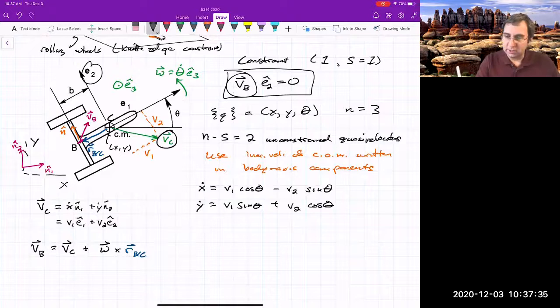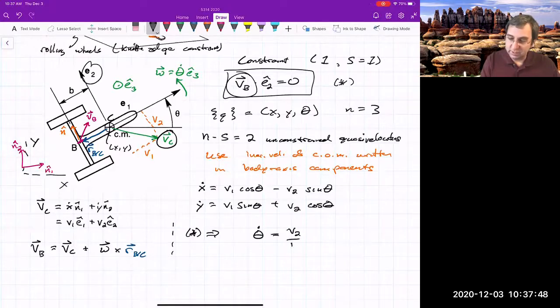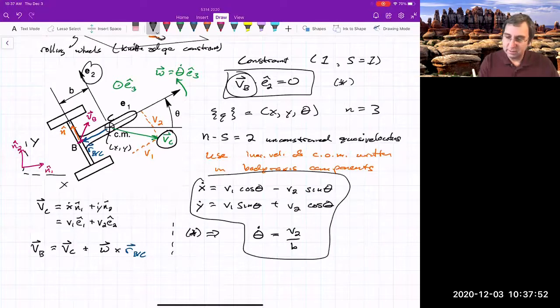If you work out this constraint, it says that theta dot equals V2 for B. So we're able to write all of our generalized velocities in terms of these two quasi-velocities. We're all set up.